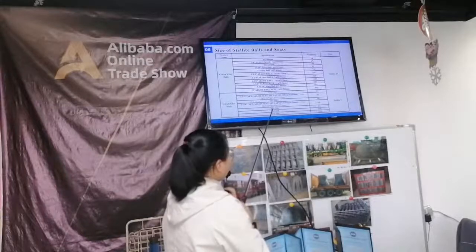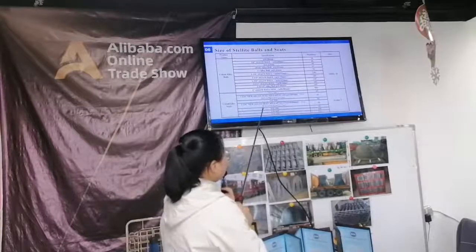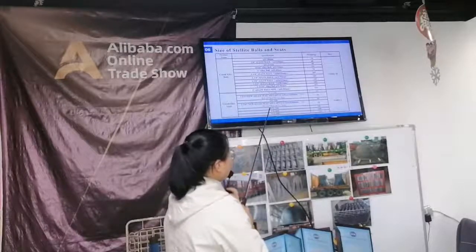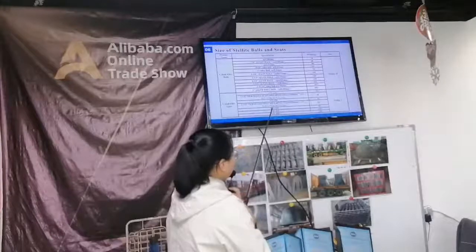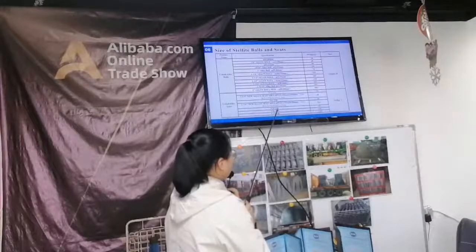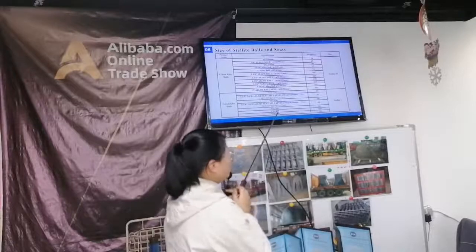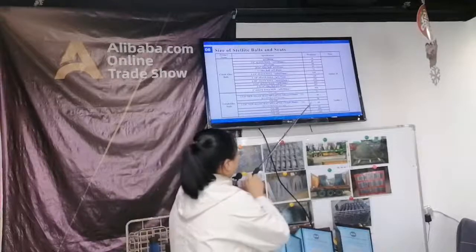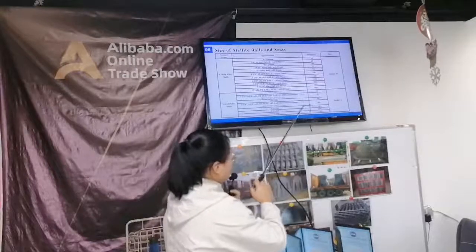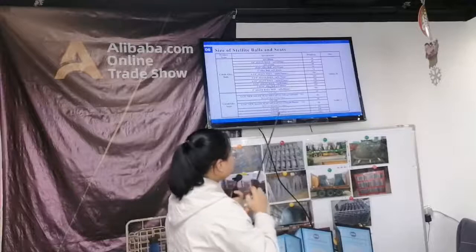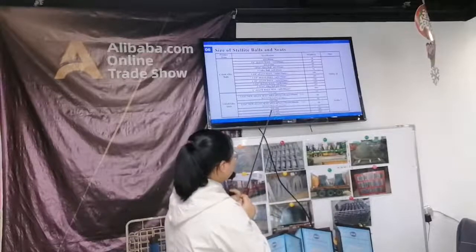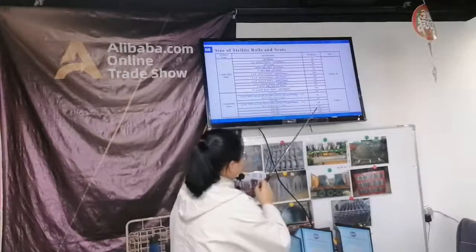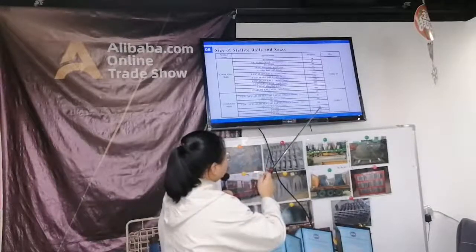The size for seat is diameter 35.26 mm, inner diameter is 20.96 mm, and the height is 5.7 millimeter, and the unit weight is 68 grams. From weight 11 to 200, the unit weight is 69 grams.